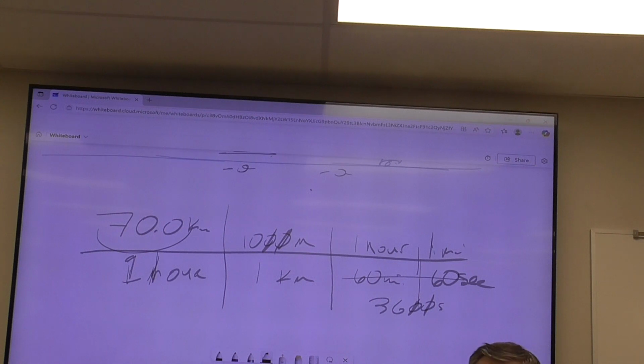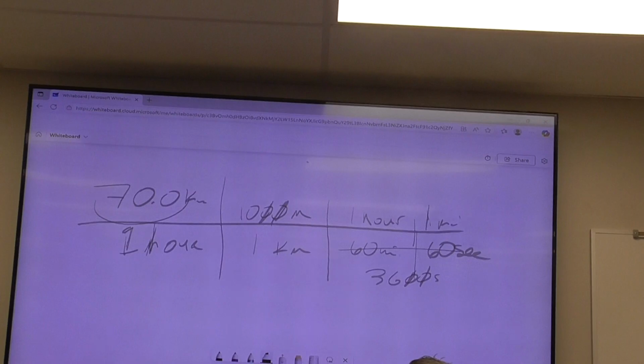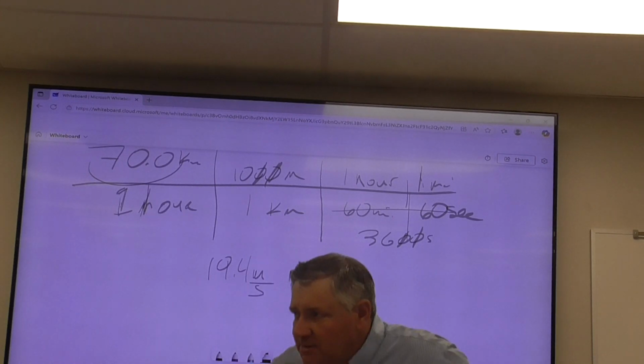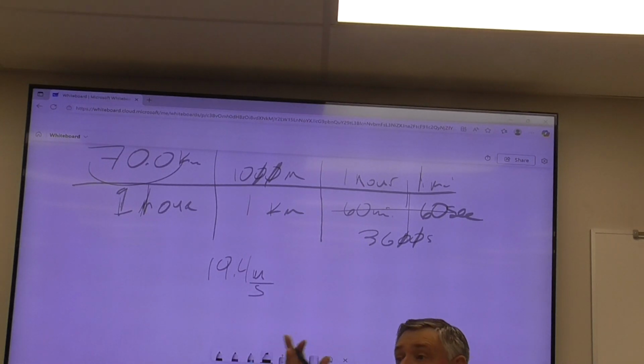That means when you do this conversion, you need to keep at least 3 digits in this answer. Vanessa, take 70 times 10 and divide it by 36. What did you get? 19.4. Now, do not round that to 19. Keep it as 19.4. You can have more digits than that, but you can't have fewer.